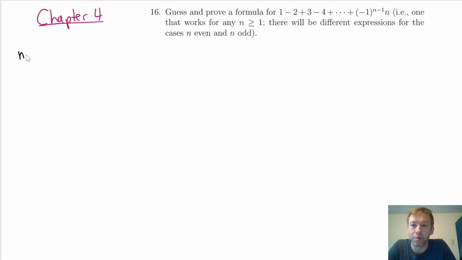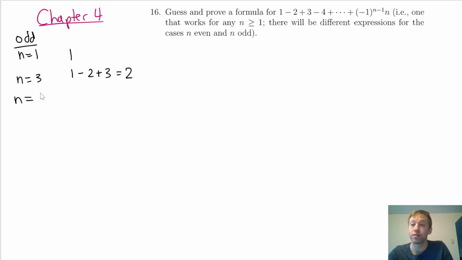So for n equals 1, let's just do the odd numbers first. For n equals 1, I get 1, because this sum will just have the number 1 in it. For n equals 3, I get 1 minus 2 plus 3: 1 minus 2 is negative 1, I add 3, so it's 2.